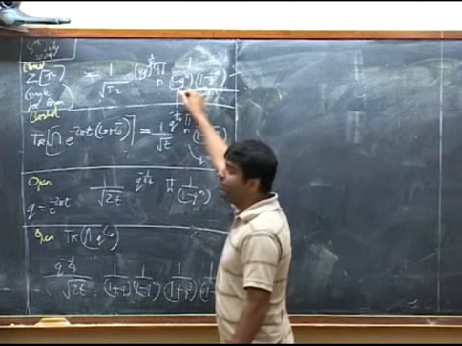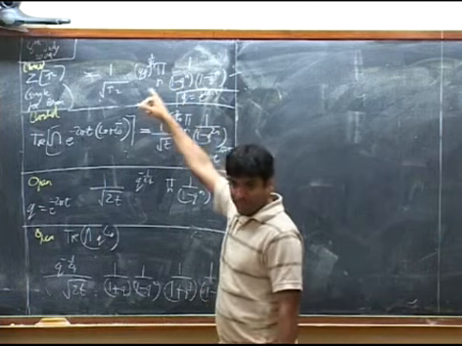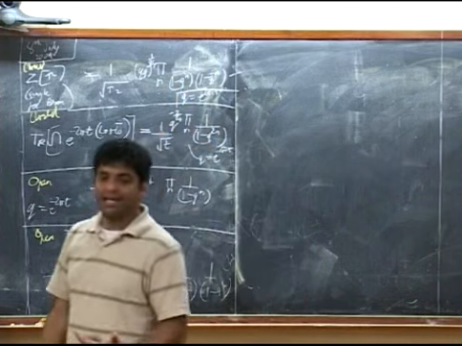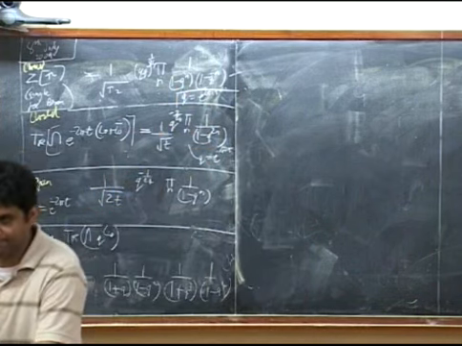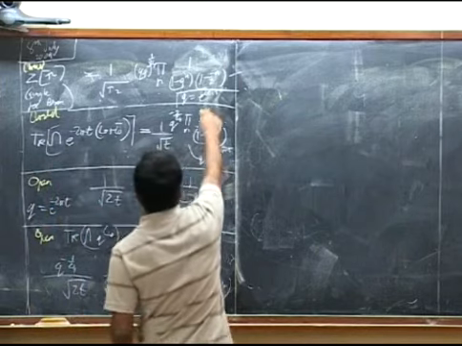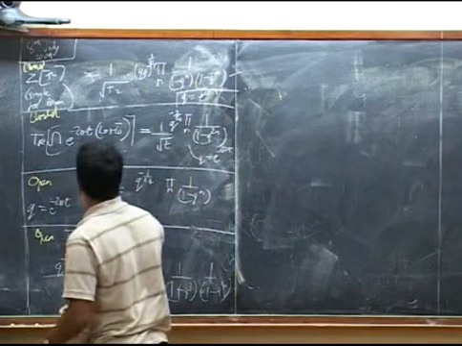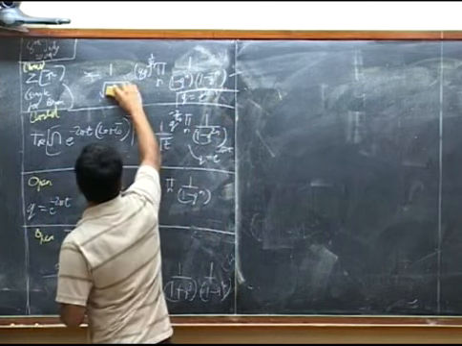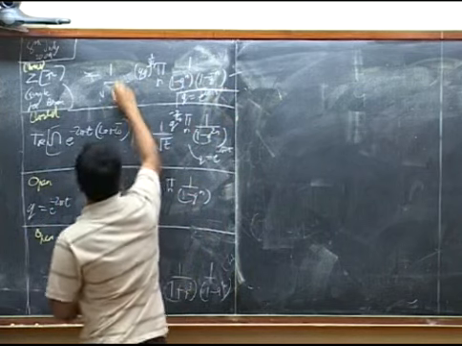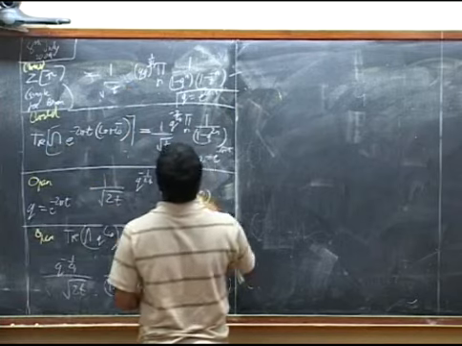The only place that we will be interested in this closed string partition function is when tau 2 is equal to t. So I'm going to replace this by t here.